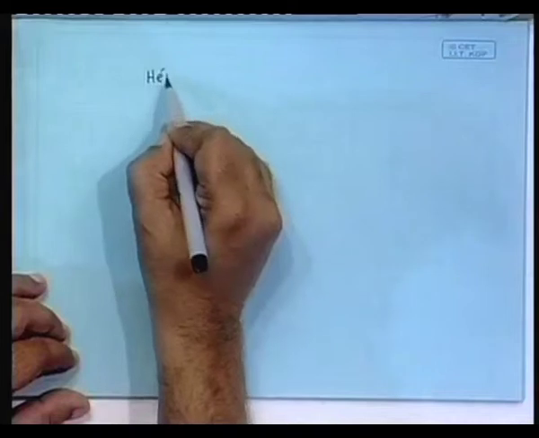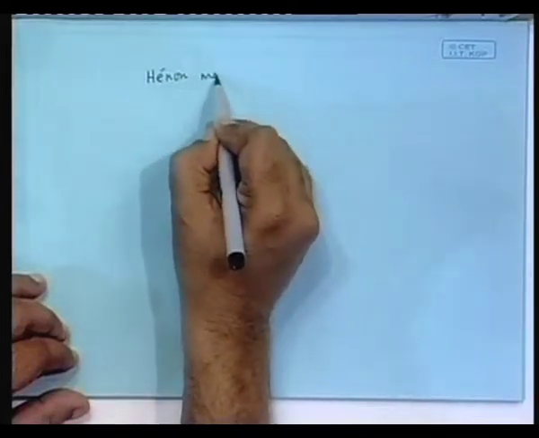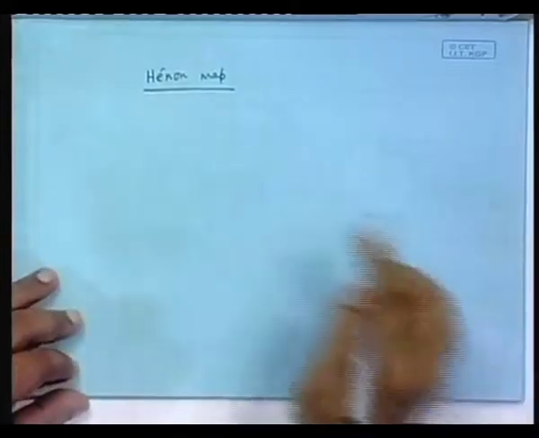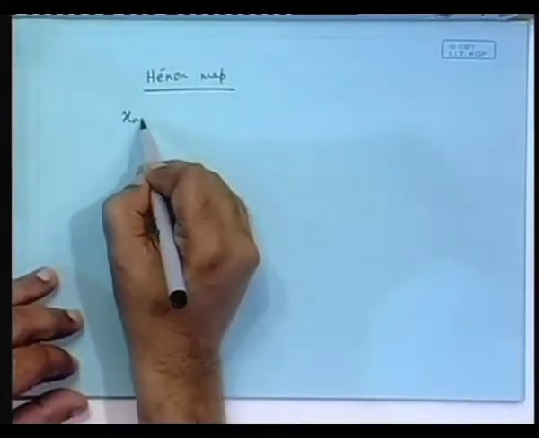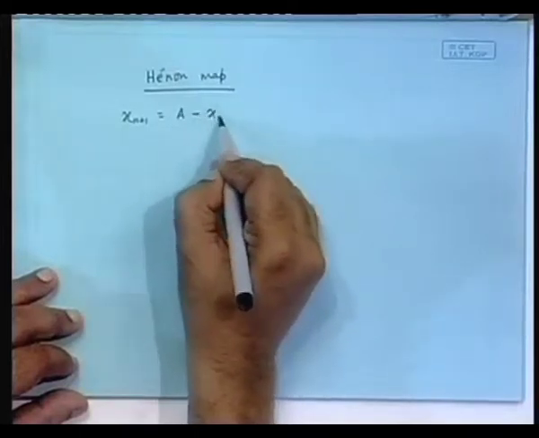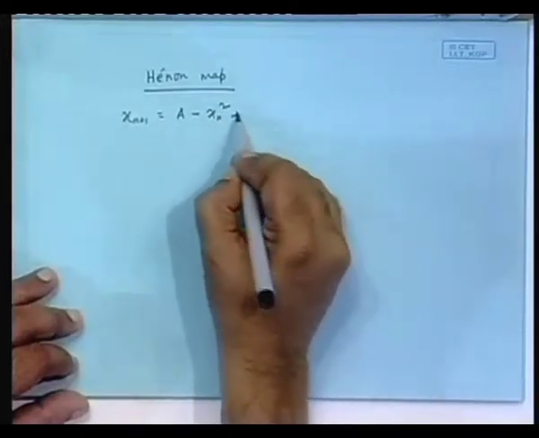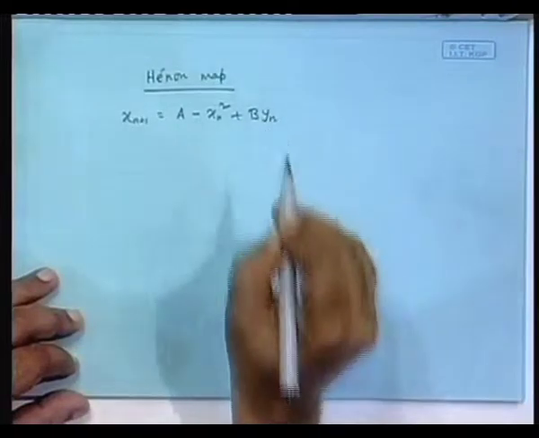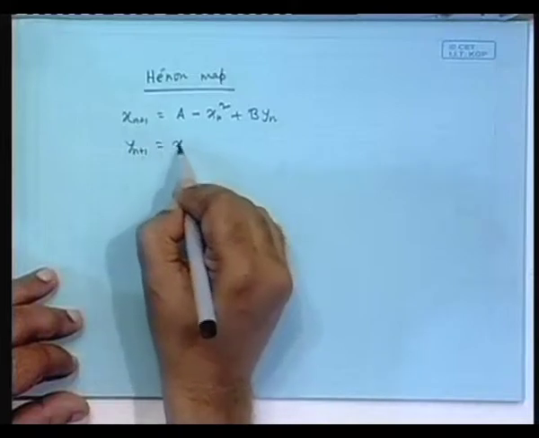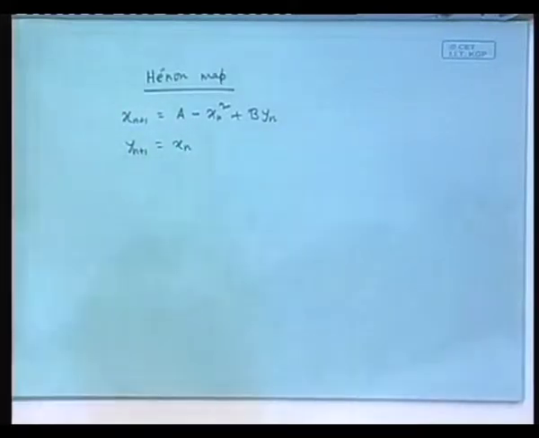Okay. In order to explore, let us explore by means of a specific map called the Henon map. This map is x_{n+1} = a - x_n^2 + b y_n, and y_{n+1} = x_n, a 2D system.